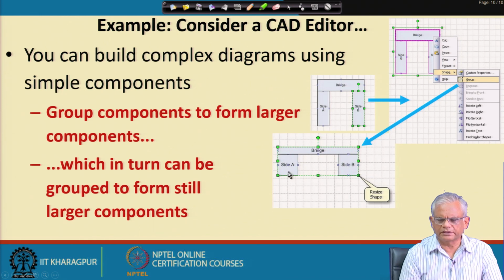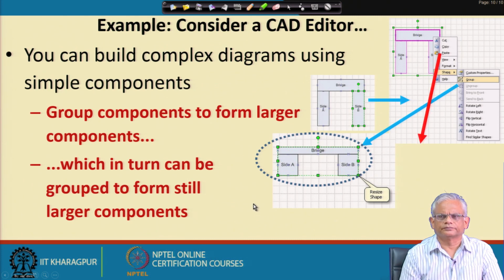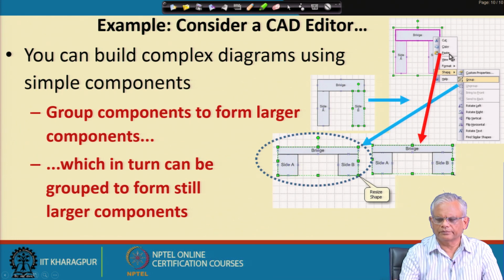The group we pasted here, we resized the group and still we can make a larger group and so on. So, we again pasted the group, resized it, and then copied it and pasted again. So, these are some of the common things that are done in an editor.